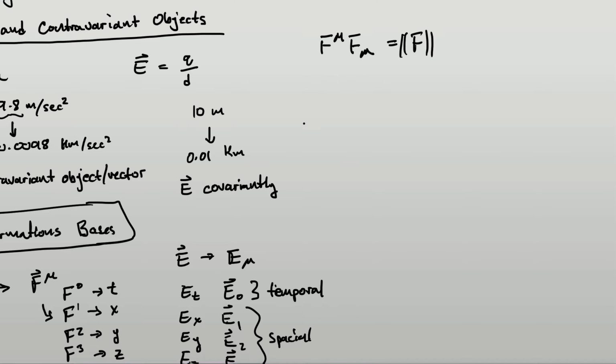Remember when we talked about ds squared being equal to dx1 squared plus dx2 squared, right? So we need the contravariant vector and the covariant vector to get the scalar that truly represents the magnitude of our vector, right?